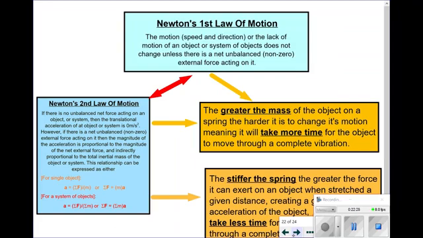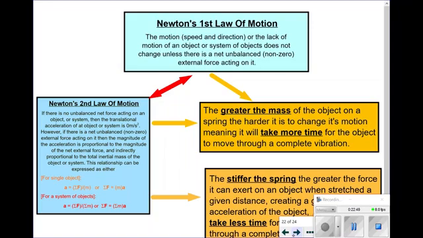Newton's second law helps us to determine the relationship between mass and stiffness with period. The greater the mass of an object is, the harder it is to change its motion. It takes more time for the object to vibrate back and forth because the mass is always resisting that force trying to create a change.